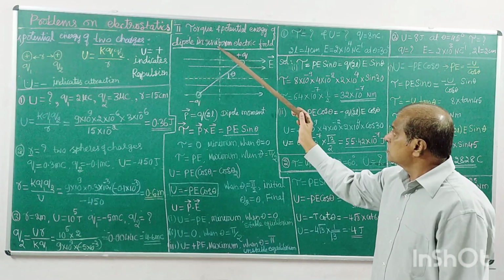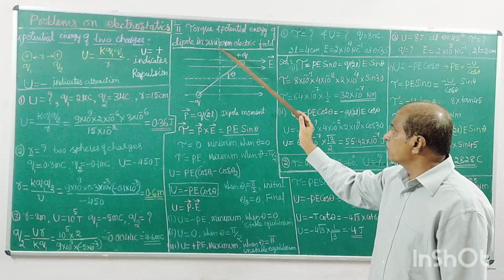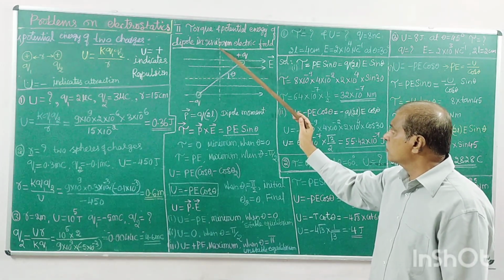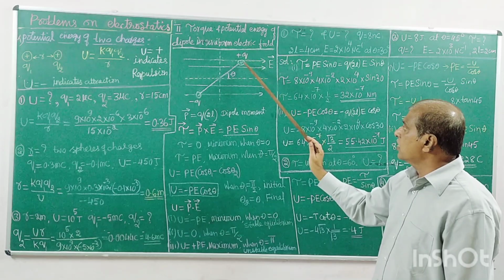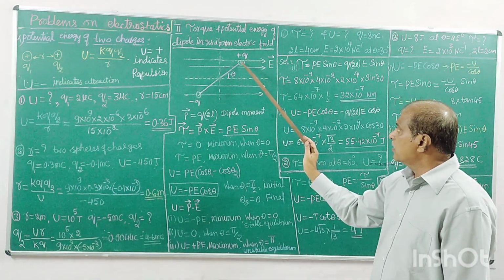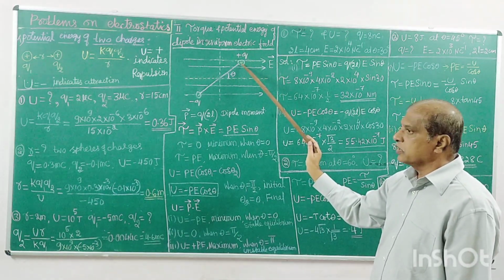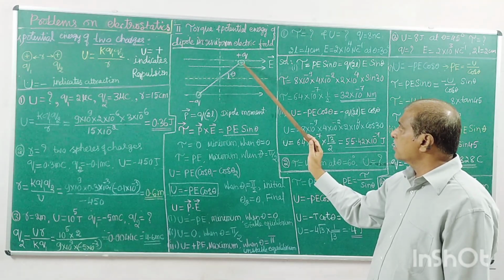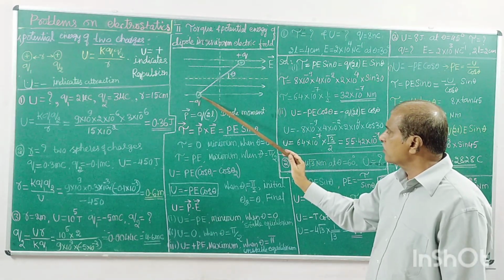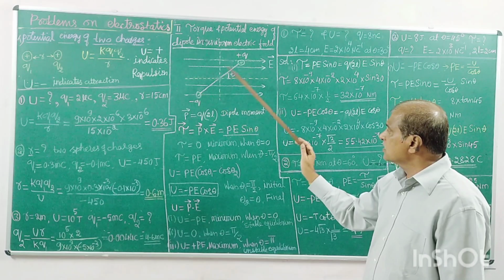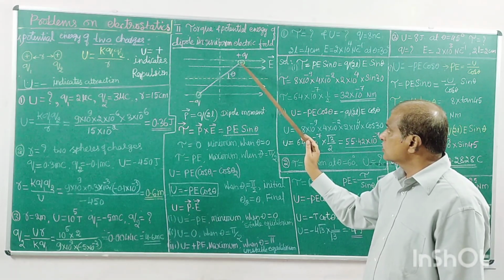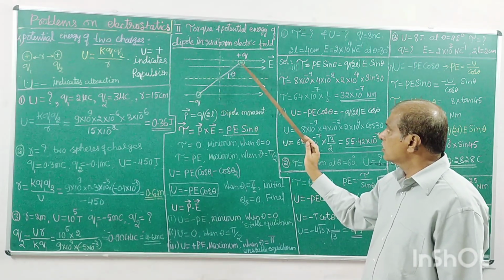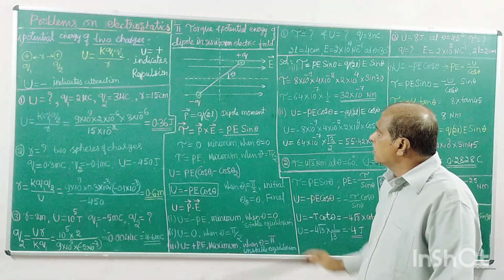If the field is non-uniform, then at different points you have different field intensity. Here we have different electric field. So due to the difference in electric field, the forces will be different.